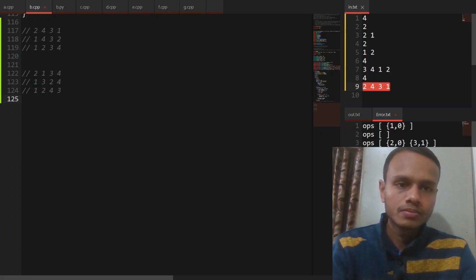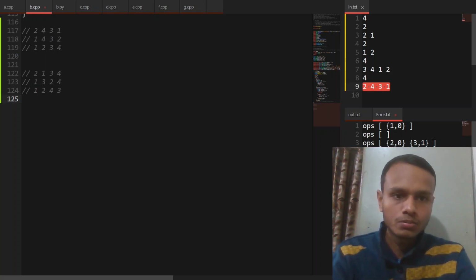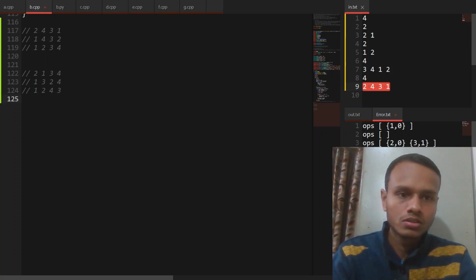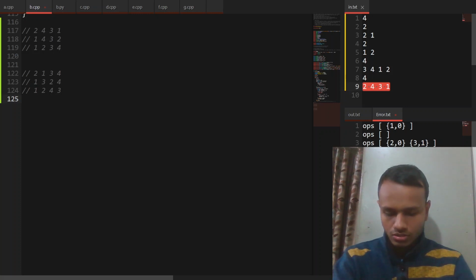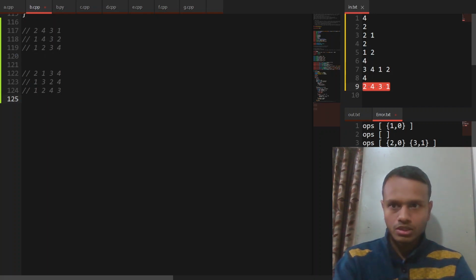One is 1 3, and the other operation could be 0 and 1. Yeah, and then if I do this thing or even that thing, then I was getting the right answer. And this was the reason that made me implement this logic.